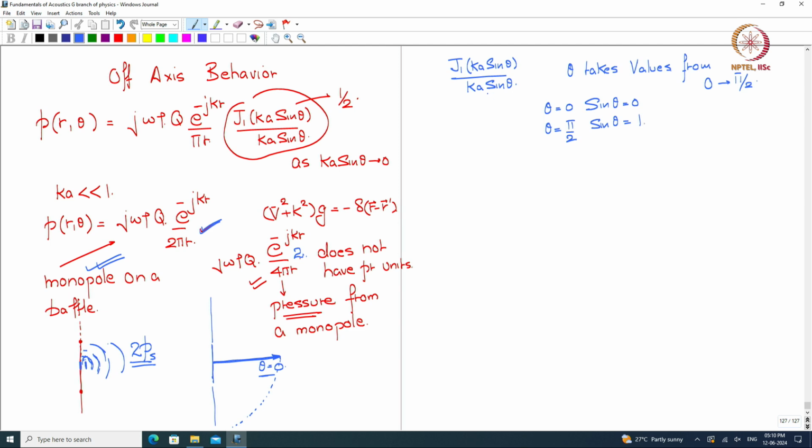So this expression goes from 0 to 1 only once, because there are no angles bigger than pi by 2, and now this value is ka. So the maximum value of ka sin theta is ka.